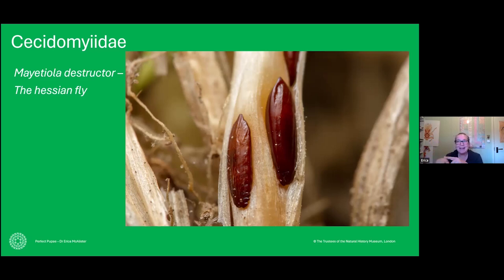Now, cocoons are not just found in cecidomyiids, they're also found in chironomids, ceratopogonids, fungus gnats, all sorts of things. But cecidomyiids not only make a cocoon, some of them also make a puparium. Now, this is exceptional in nematocerans. And this Hessian fly, this terribly destructive fly, which you can find in the UK, is one of those puparium-making species.